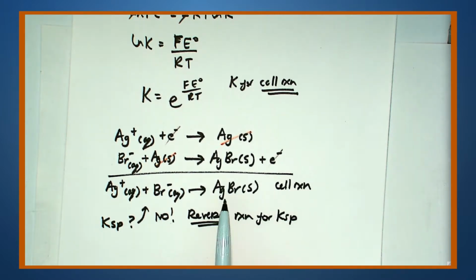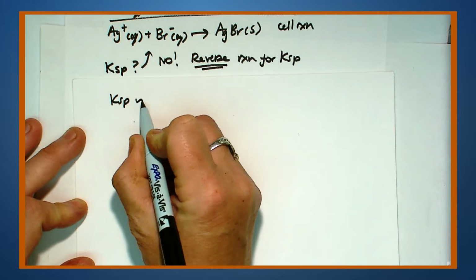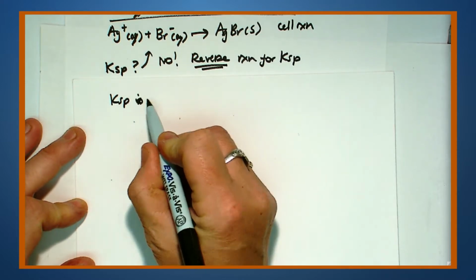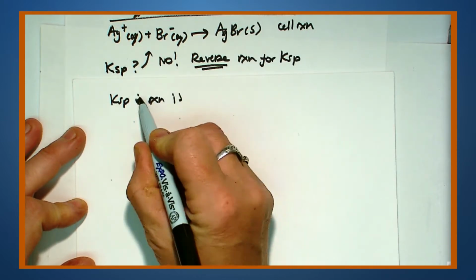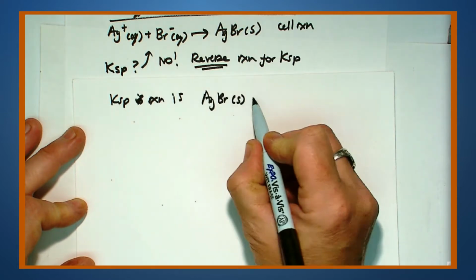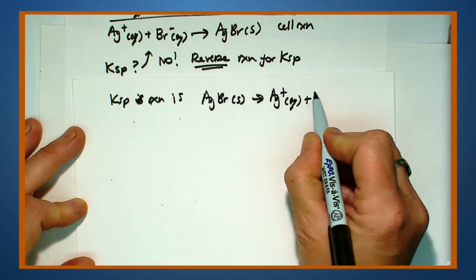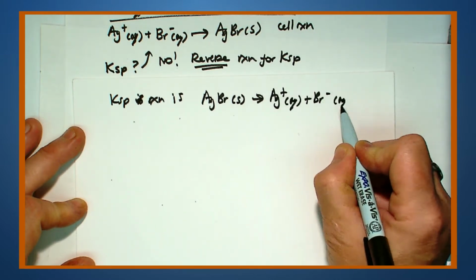Ksp is supposed to have solid on the left and then aqueous species on the right. Well, this is around the other way. The Ksp reaction is going to be AgBr solid goes to Ag+ aq plus Br- aq.